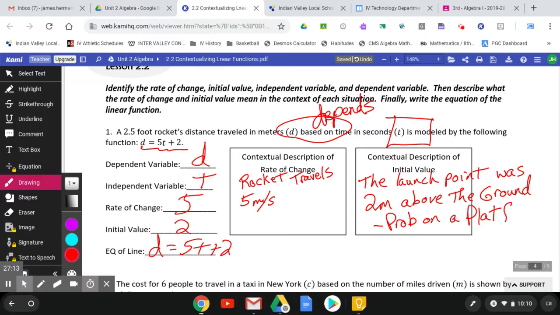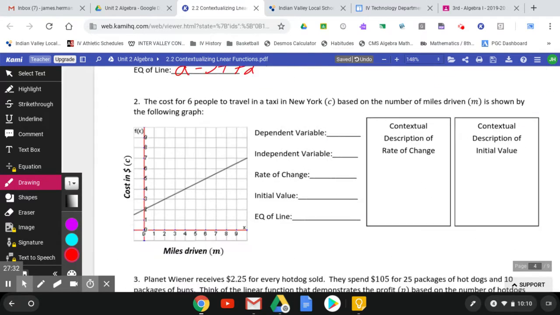But that's what we're looking for here, is to figure out all the things that are going on in a situation, even the ones that weren't said or stated. Questions on question number 1? So there we looked at it in a situation where we were given an equation. That was pretty easy. Let's look at the next one.